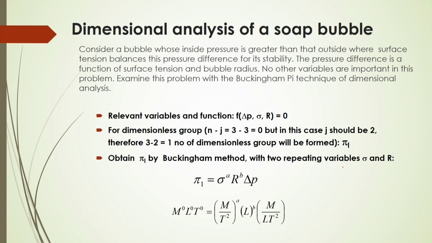Now, let us do another example: the dimensional analysis of a soap bubble. For a soap bubble, the inside pressure is greater than the outside pressure, which is what keeps it stabilized. This pressure difference is balanced by the surface tension force.